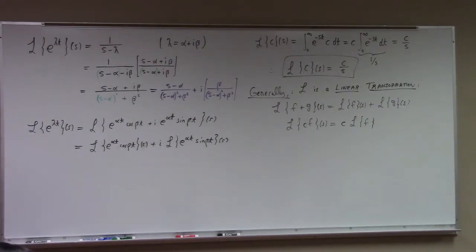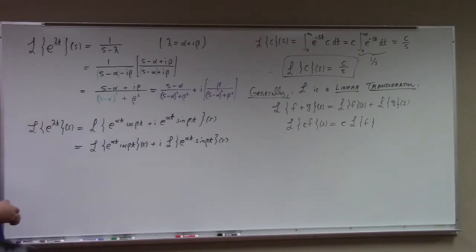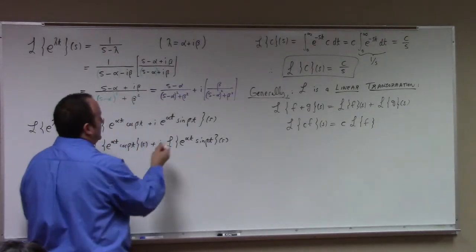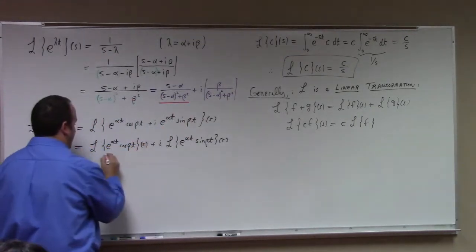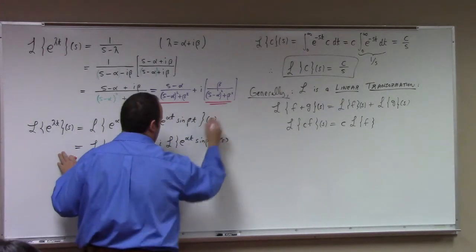For this complex equation to be equal, man, I feel like I'm in reruns, the real part has to equal the real part. The imaginary part has to equal the imaginary part, right? This is the third or fourth time in this course I've come to this point. So that has to be equal to that, and this must be equal to this.